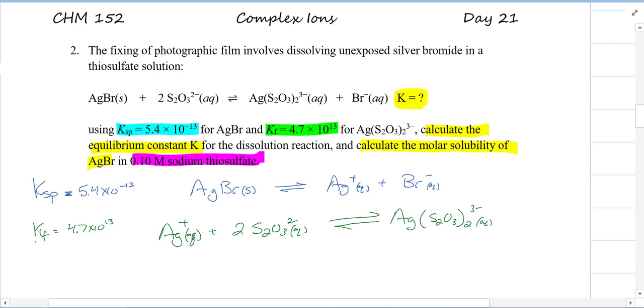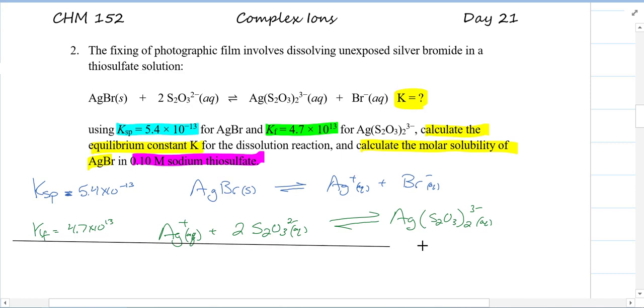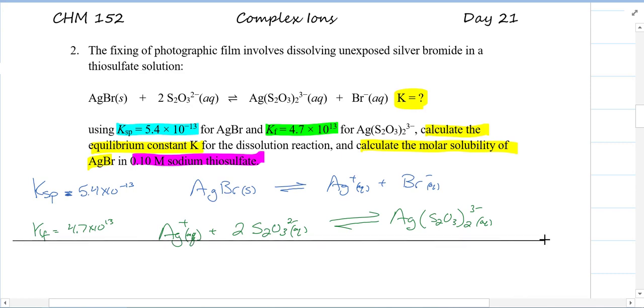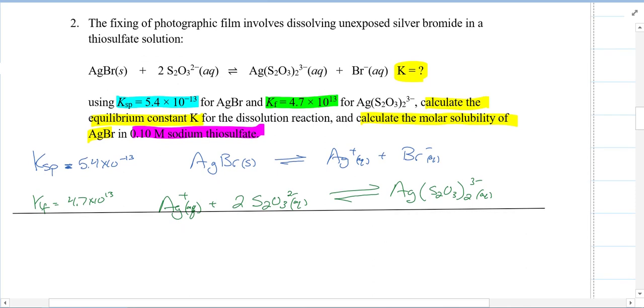If I add that up, do I get this reaction up here? I think so, because silver ion cancels, doesn't it? So K equals Ksp multiplied by Kf.